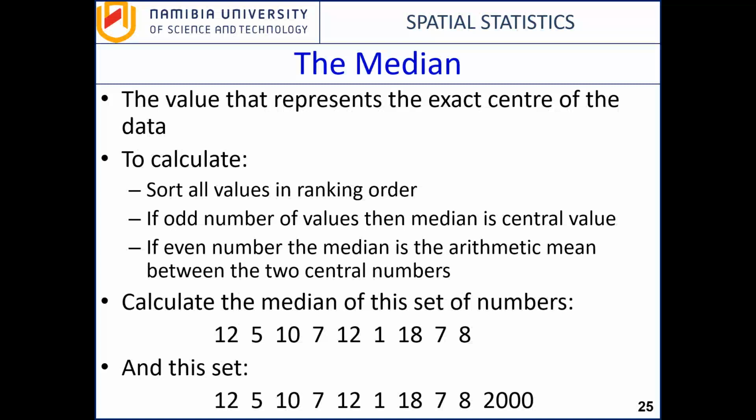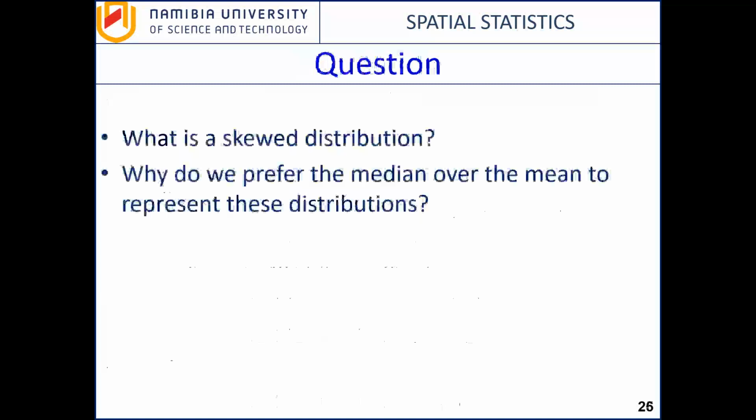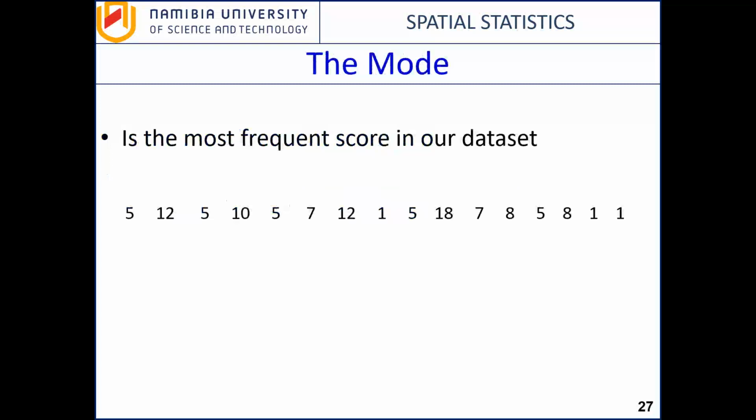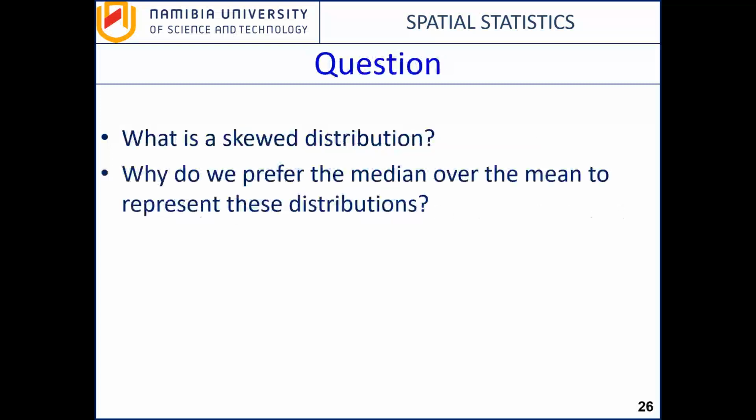You don't need to answer, it's just for yourself, to understand why the median is more appropriate when we have outliers in the dataset. Again, the questions: what is a skewed distribution? Why do we prefer the median over the mean to represent these distributions? These are questions to think about at this initial stage of the lecture.